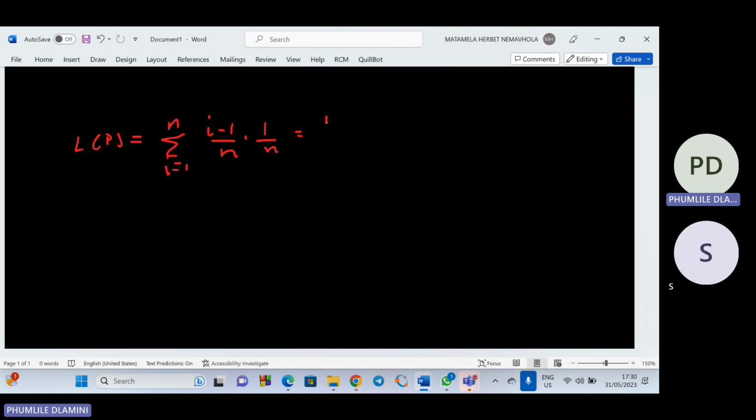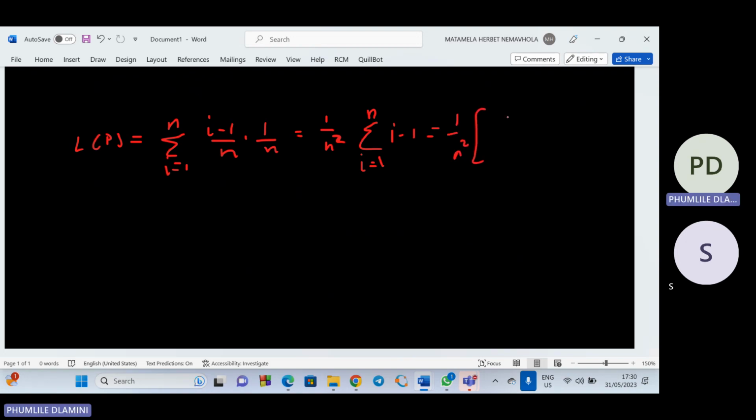Then here we're going to take 1 over n squared, which is equals to the sum from i equals 1 to n of i minus 1. Then this one here, when we work it out, we can work it as 1 over n squared.